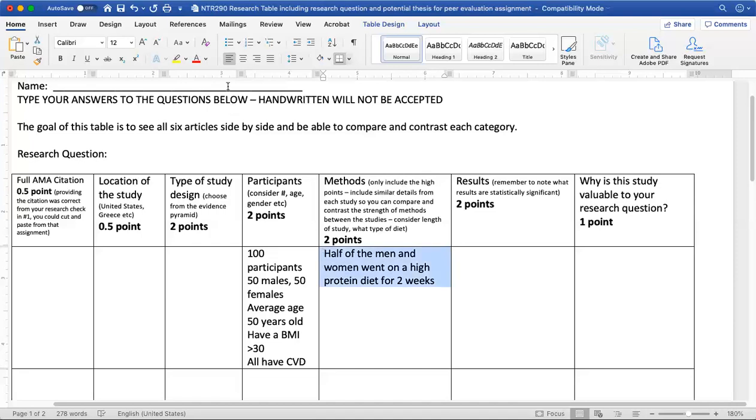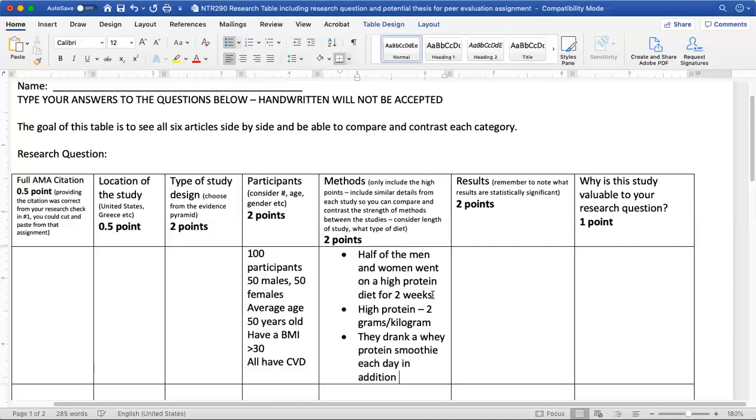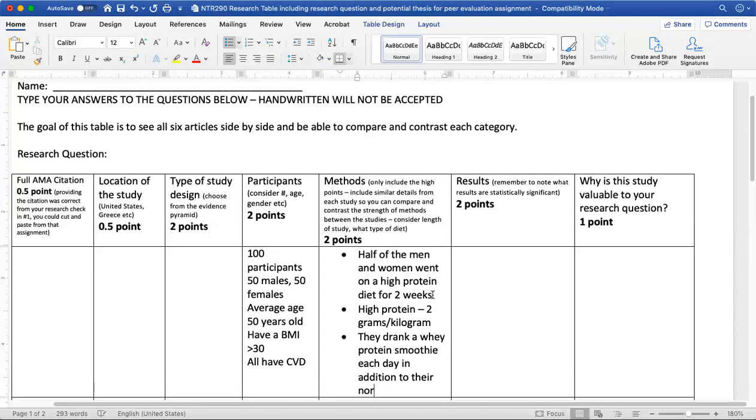And you can bullet point these if that's easier. Play with the spacing a little bit. So high protein was 2 grams per kilogram. They drink a whey protein smoothie each day in addition to their normal diet.